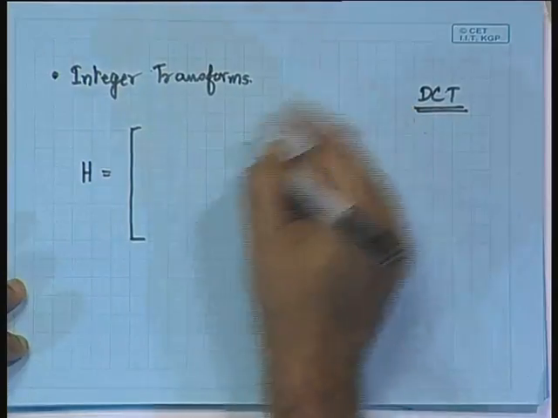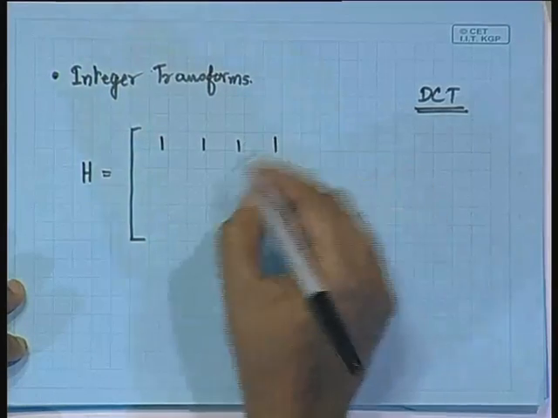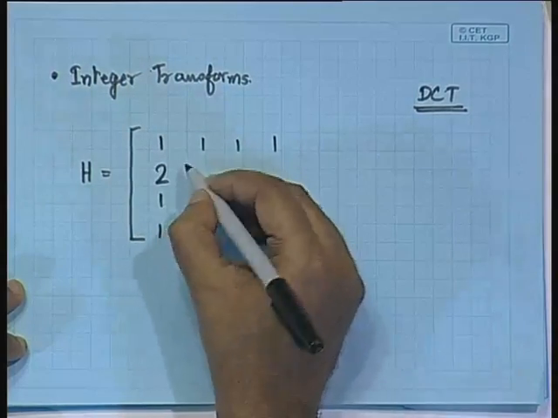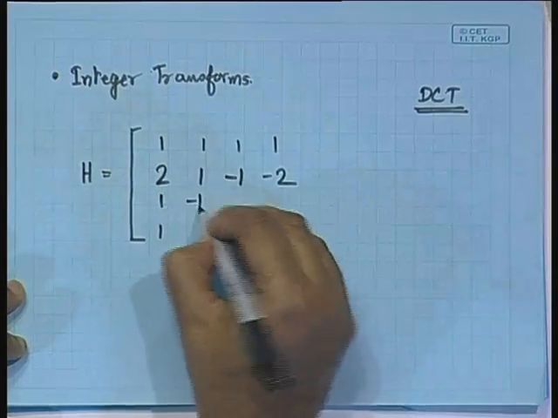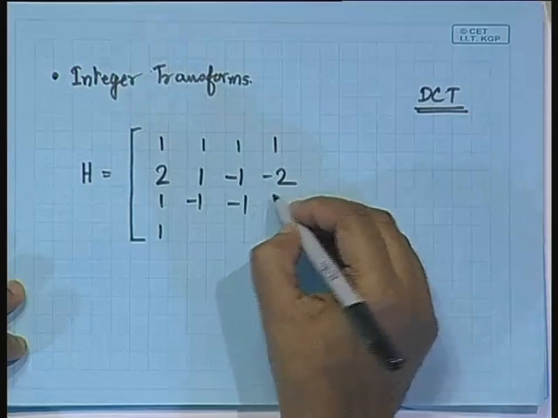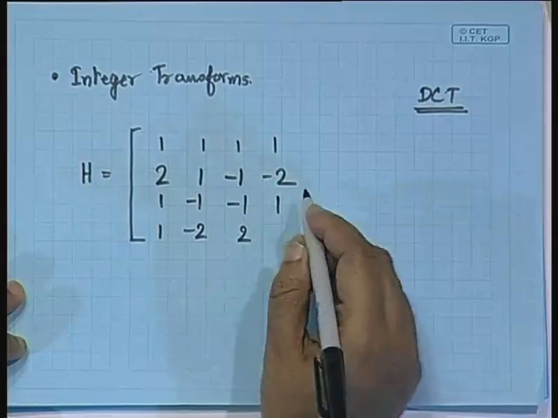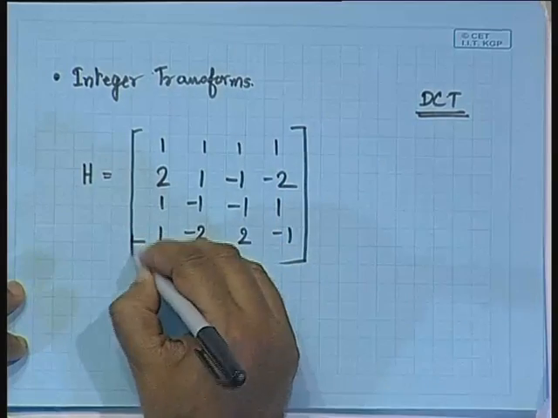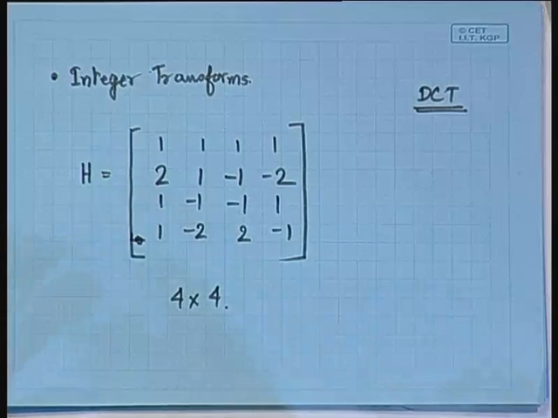But in H.264 the integer transform is done with a transformation kernel having these entries. So, this is the 4 by 4 integer transform array.